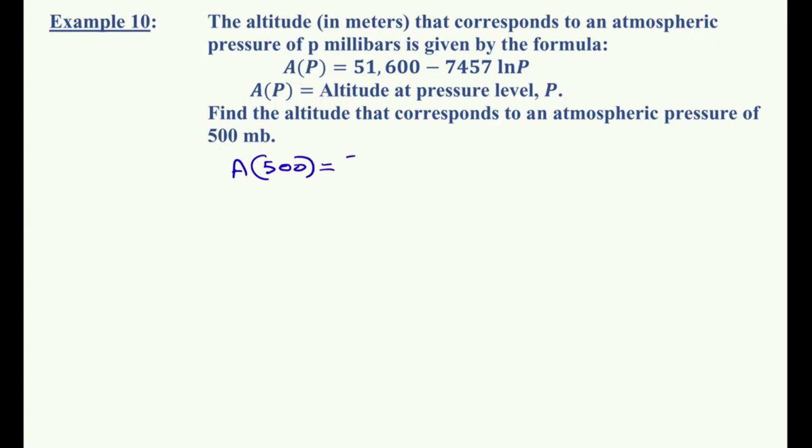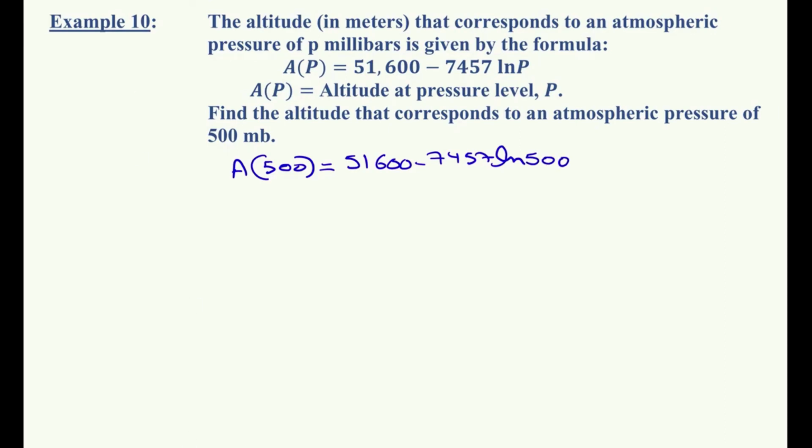So we're going to get 51,600 minus 7,457 ln of, now we're going to replace P with 500.